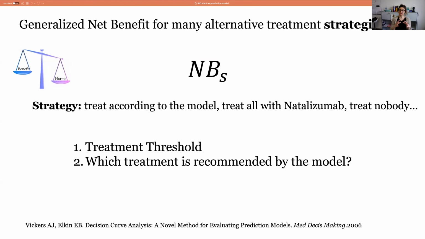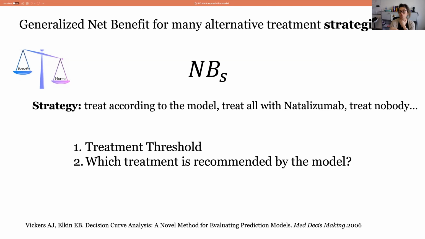So, as I said, the key concept is the net benefit for each one of the strategies that we want to compare. The strategies we want to compare is, of course, the one according to our model. We will treat the patients according to what our model says is the appropriate treatment or the best treatment for each one of the patients.